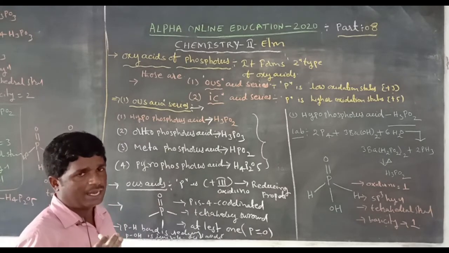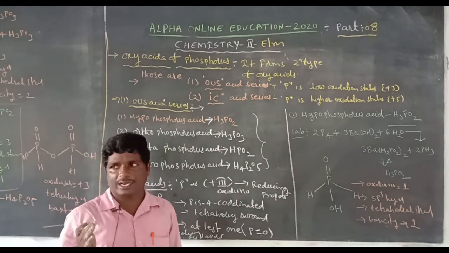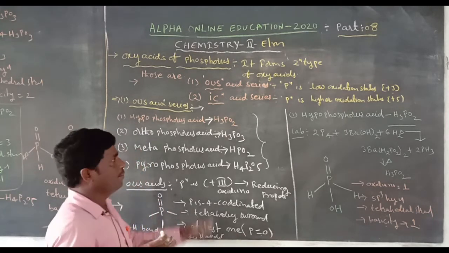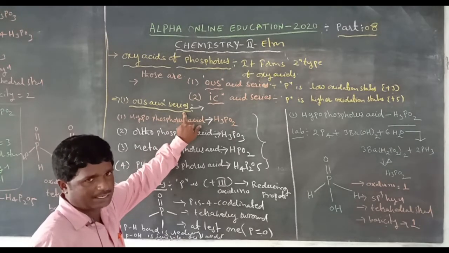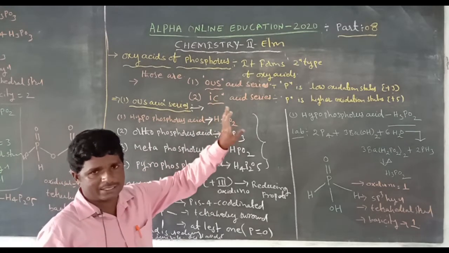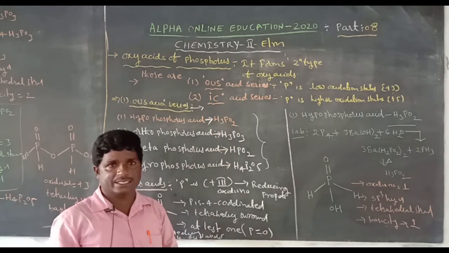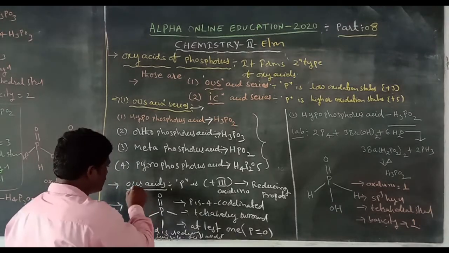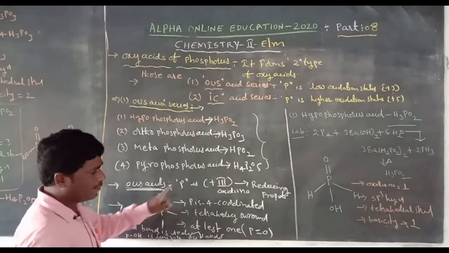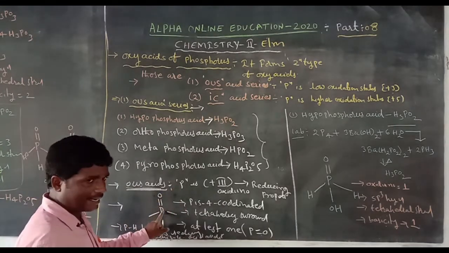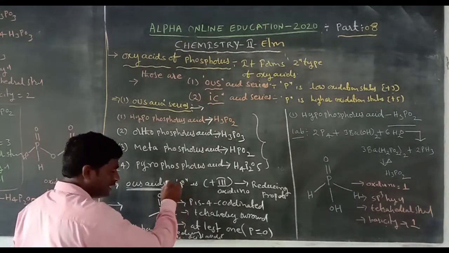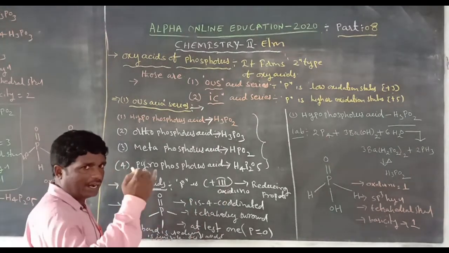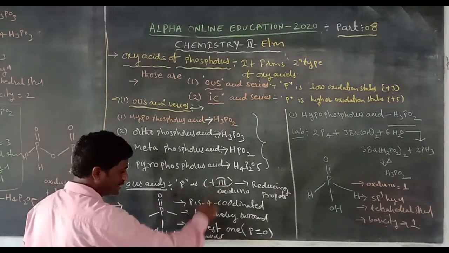Because those ous acids have a lower oxidation number, they are called the phosphorous acid series or ous acid series. In ous acids, phosphorus is the central atom and has the lower oxidation number, that is the +3 oxidation number.